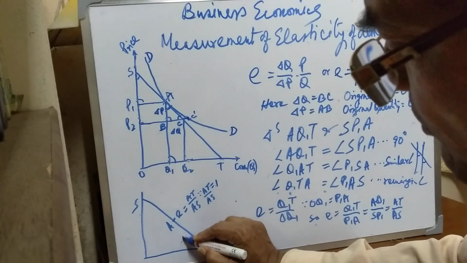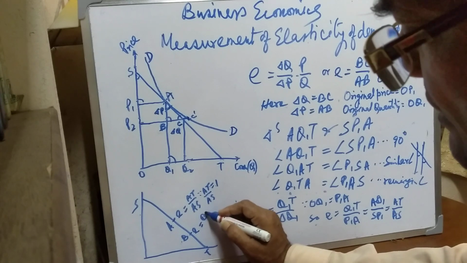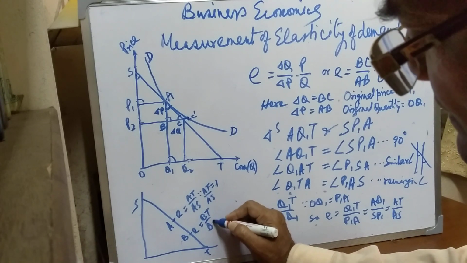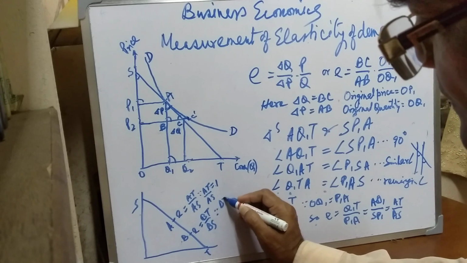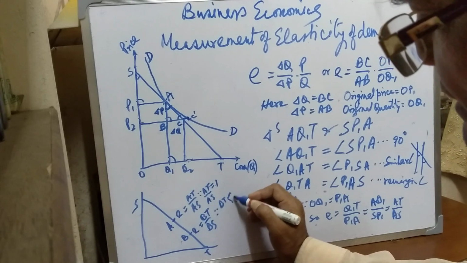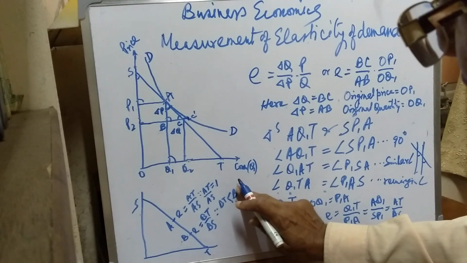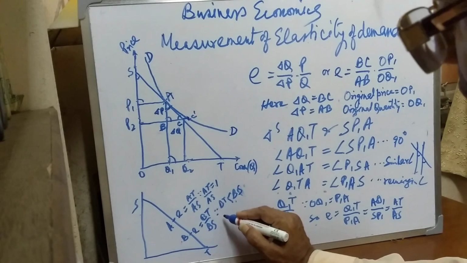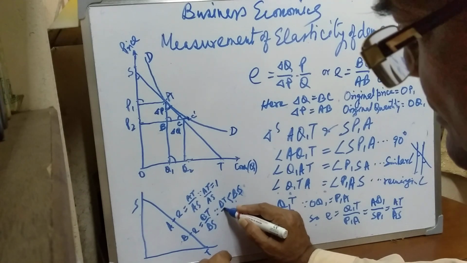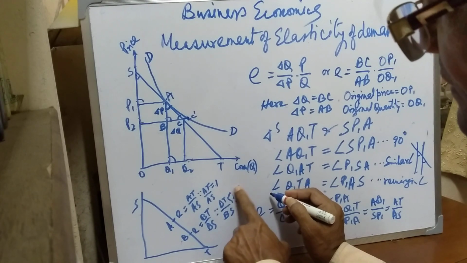Again, at point B it equals BT by BS. As BT is less than BS, BT by BS will be less than 1.